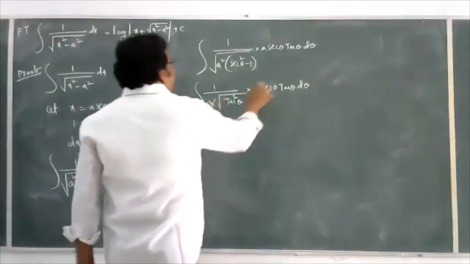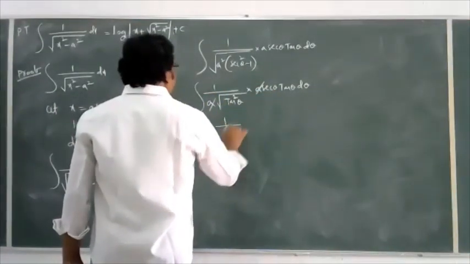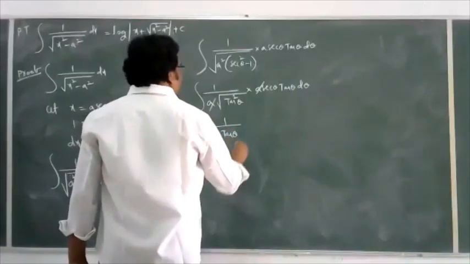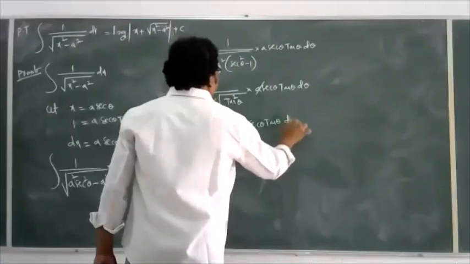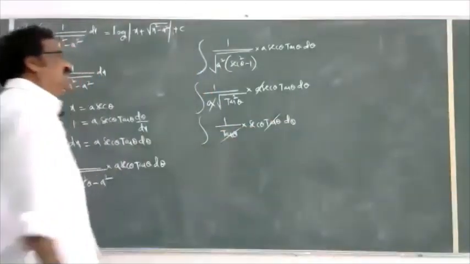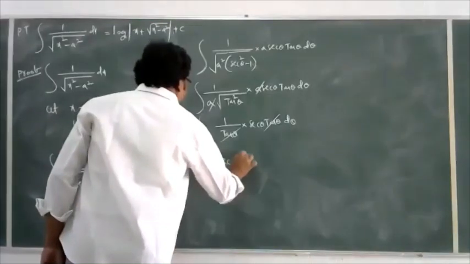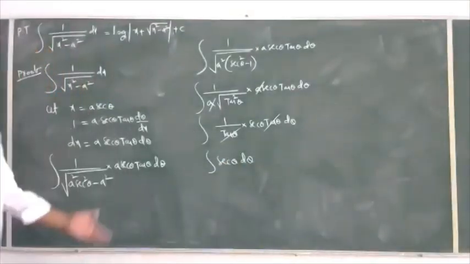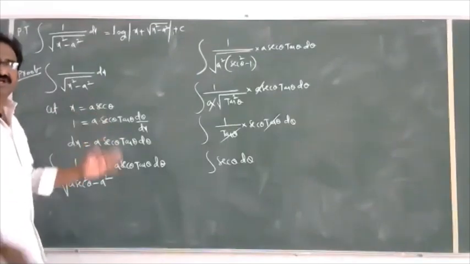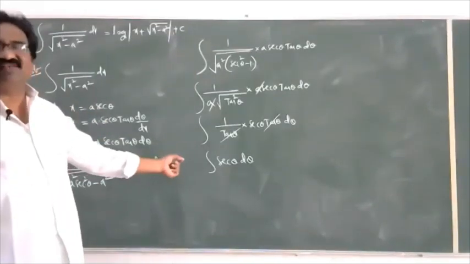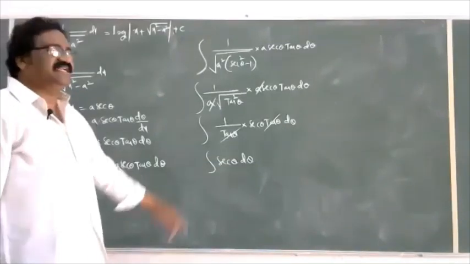Here a cancels. Integral 1 by root of tan square theta is 1 by tan theta, into secant theta tan theta d theta. Here tan theta cancels. Then you get integral secant theta. Just observe that by using this substitution, the total function is reduced to a single function, integral secant theta.